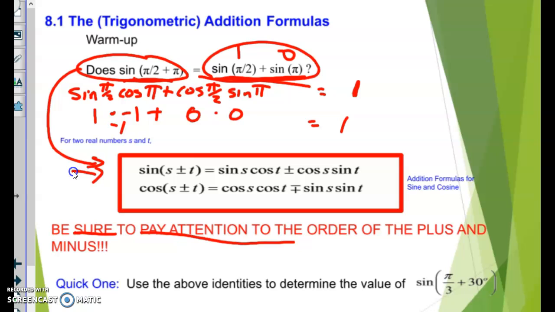Okay? And another way just to test to see if that's true, I know that the sine of pi over 2 plus pi, well, that'd be the same as 3 pi over 2, and the sine at 3 pi over 2 is indeed -1.